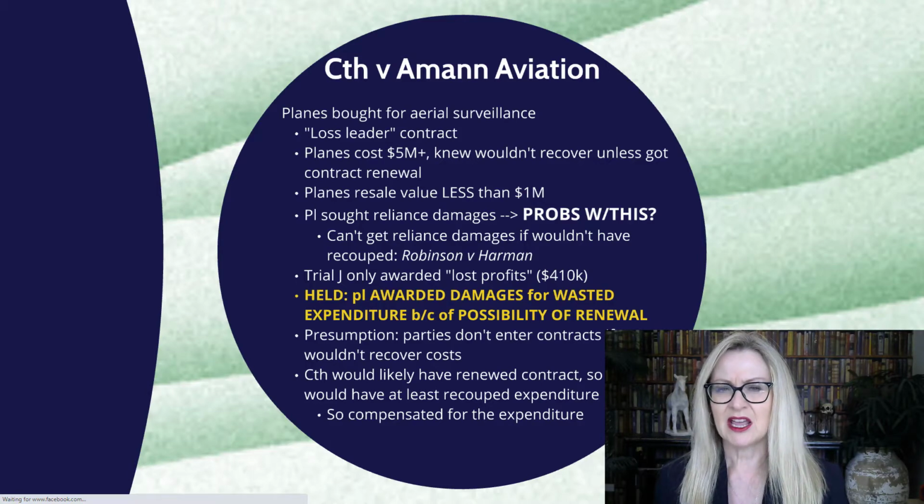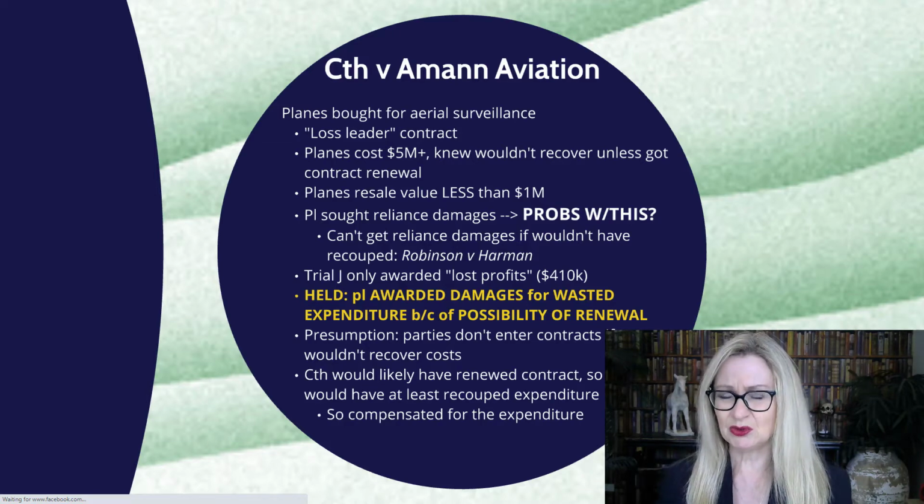Commonwealth. That is, it would buy the planes that were necessary for the surveillance at a cost of around $5 million. And they knew that they wouldn't actually recover all of that $5 million on the first period of the contract.